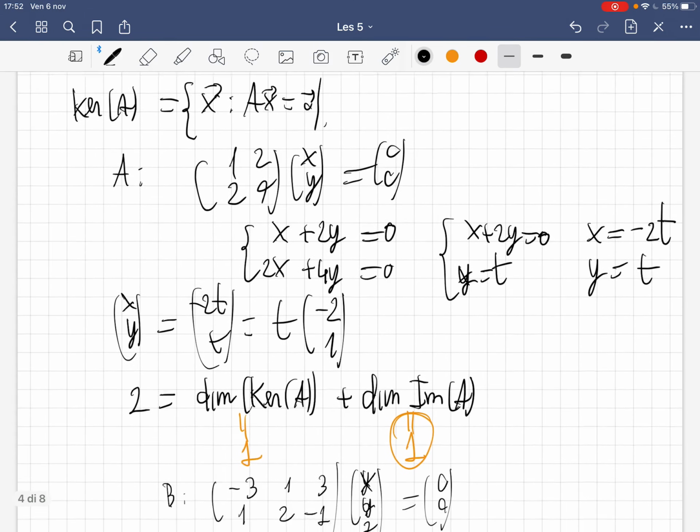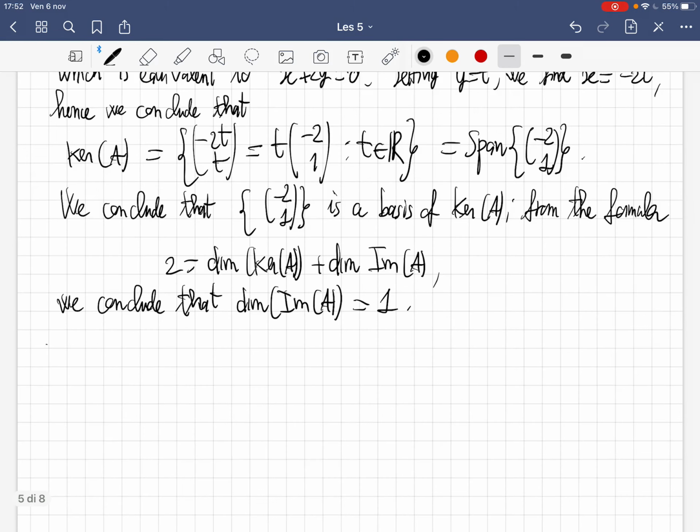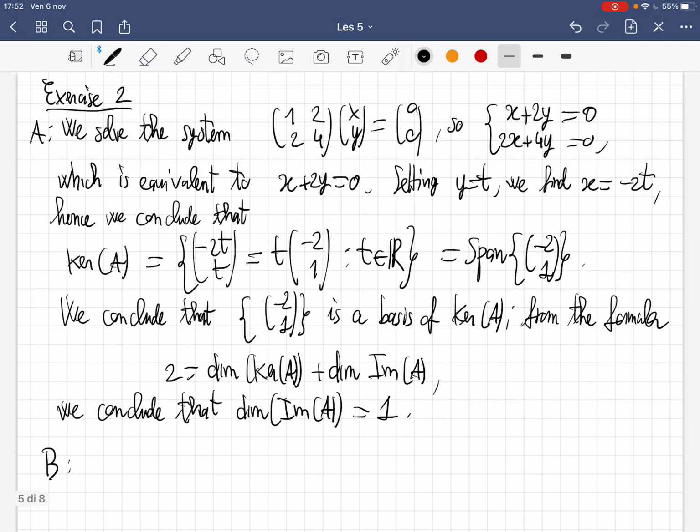Okay. Is this correct? Yes. Yes, minus 2, 1. Very good. The second seems very similar.